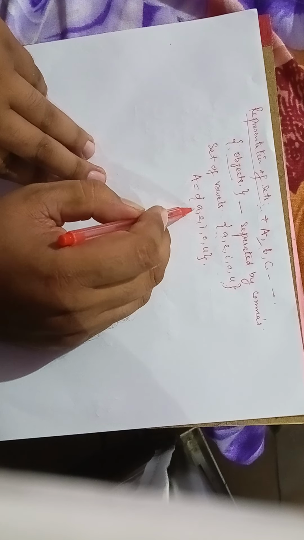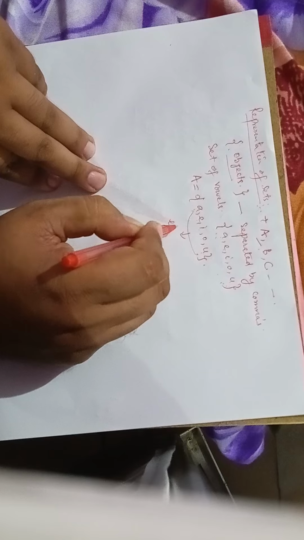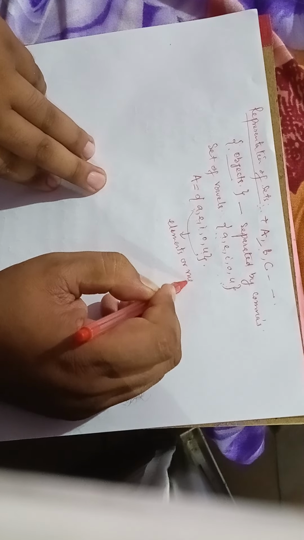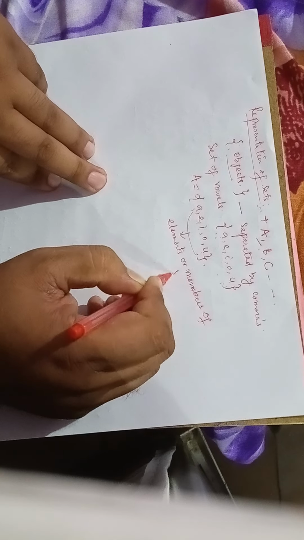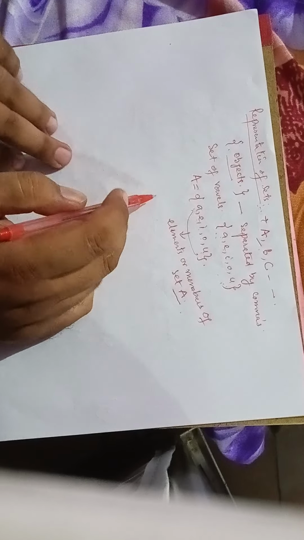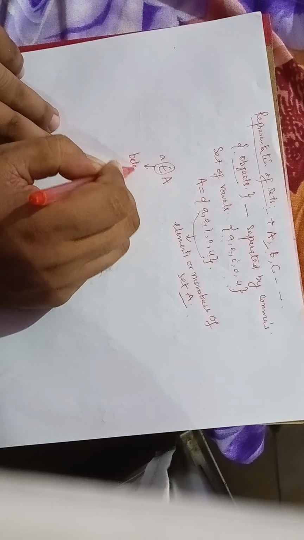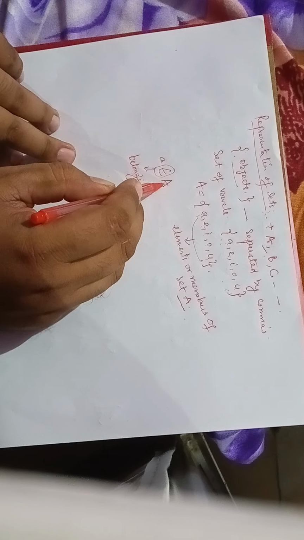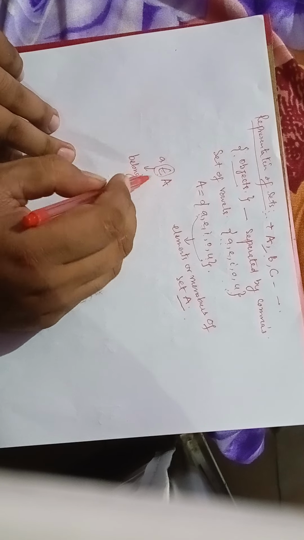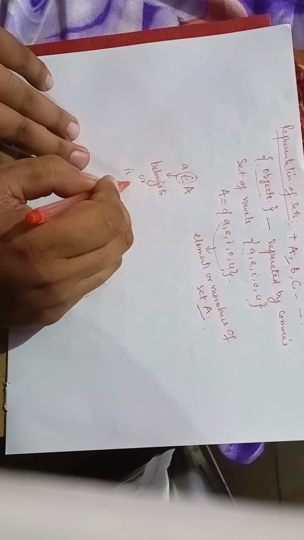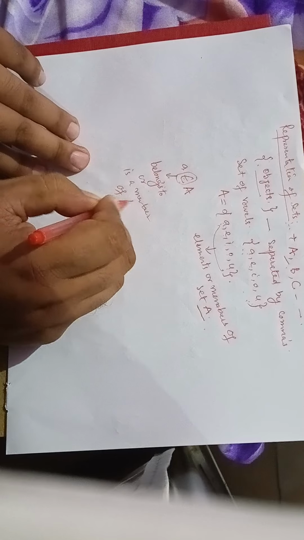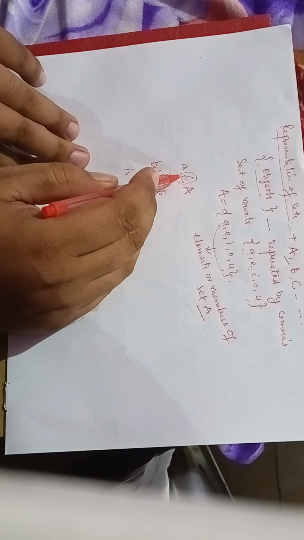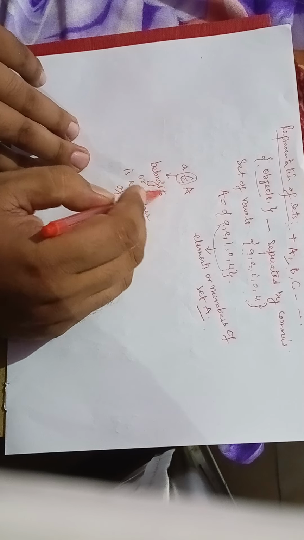So here these a, e, i, o, u are all called elements or members of set A. I can also write: a belongs to set A, or a is a member of set A. This symbol means belongs to, or is a member of.